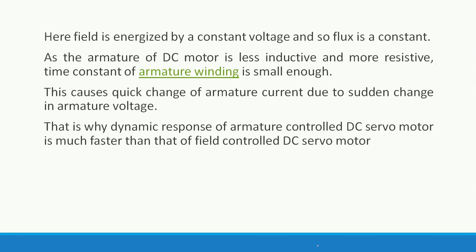Now, as the armature of a DC motor is less inductive and more resistive, the time constant of the armature winding is small enough. This causes a quick change of armature current due to a sudden change in armature voltage. So the response of the armature controlled motor is faster compared with the field controlled DC servo motor.